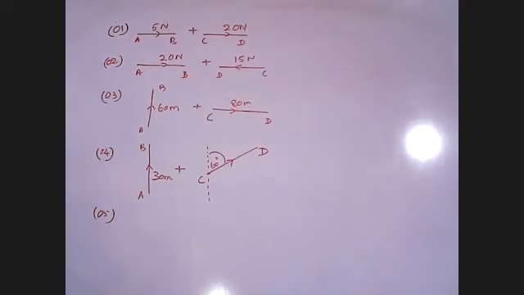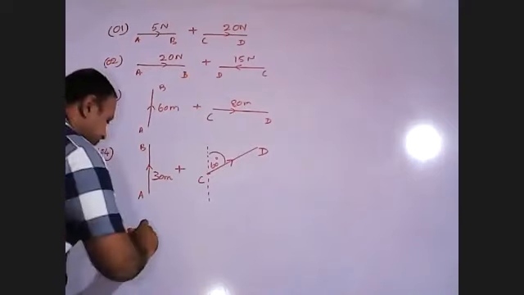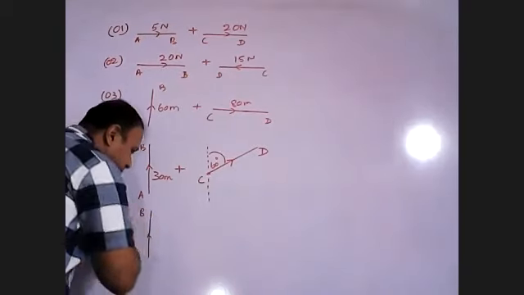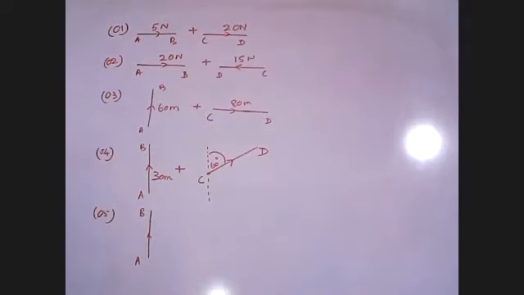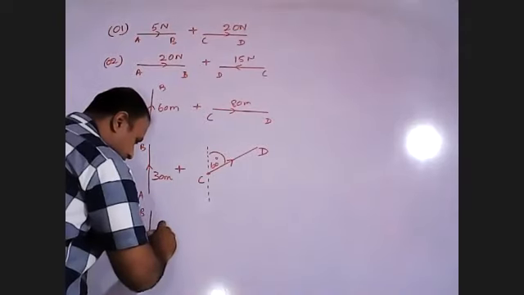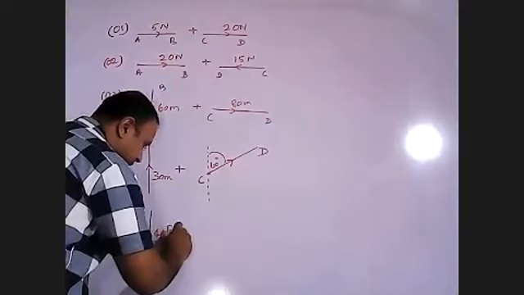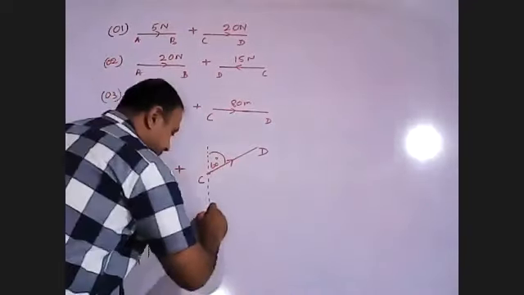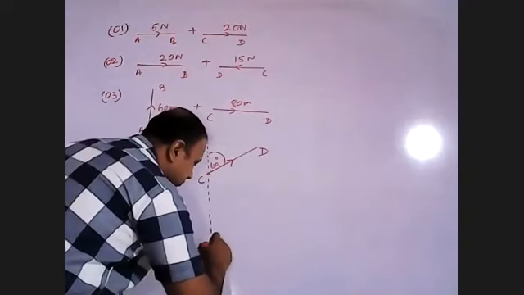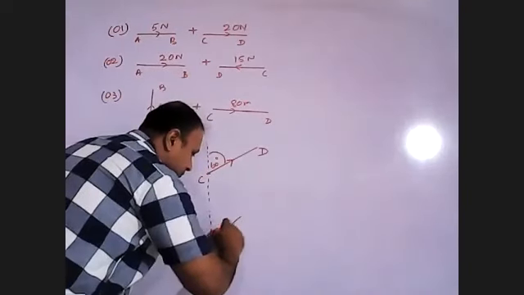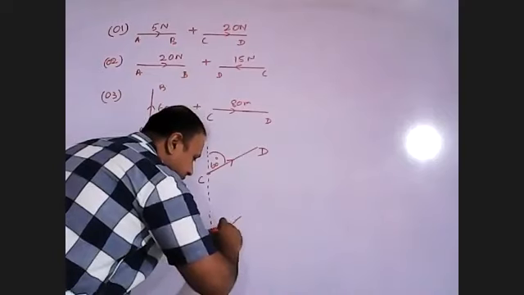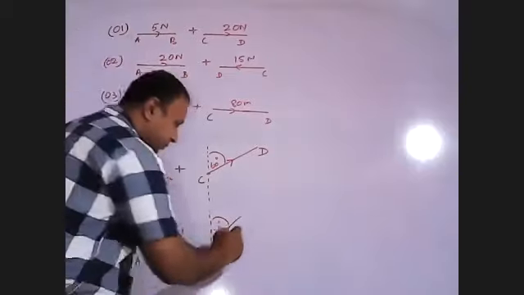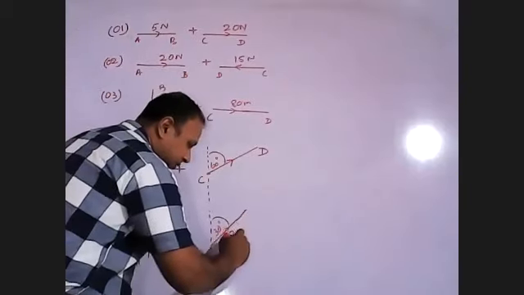Fifth one: AB, 40 root 3, 30 degree. This is 80.